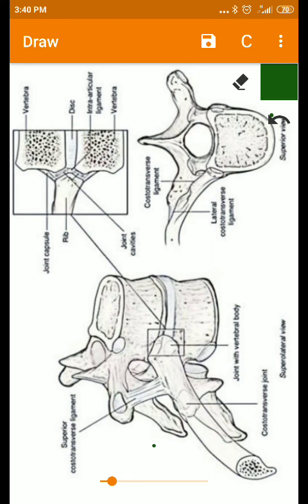So this has three branches, so it is called the triradiate ligament. The three parts are the superior, inferior and middle fibers. The superior and inferior fibers are attached to the vertebral bodies, whereas the middle fibers are attached to the intervertebral disc.